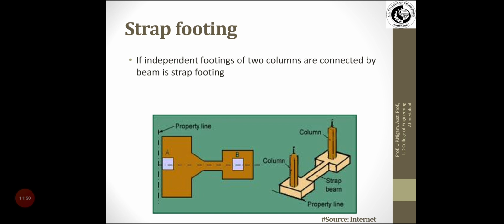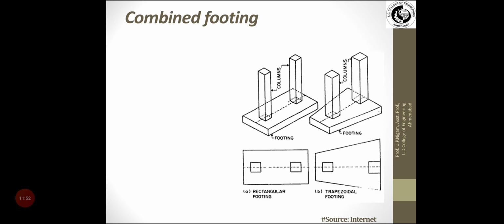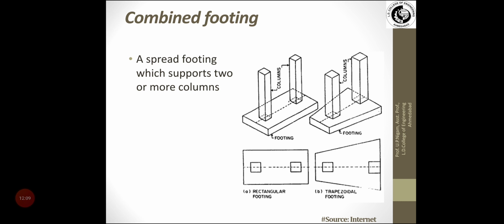So two independent columns are combined, and this is known as strap footing. Now comes the combined footing. What is combined footing? Where two or more building components such as walls or columns are present and a single common footing is provided for them, it is known as combined footing.